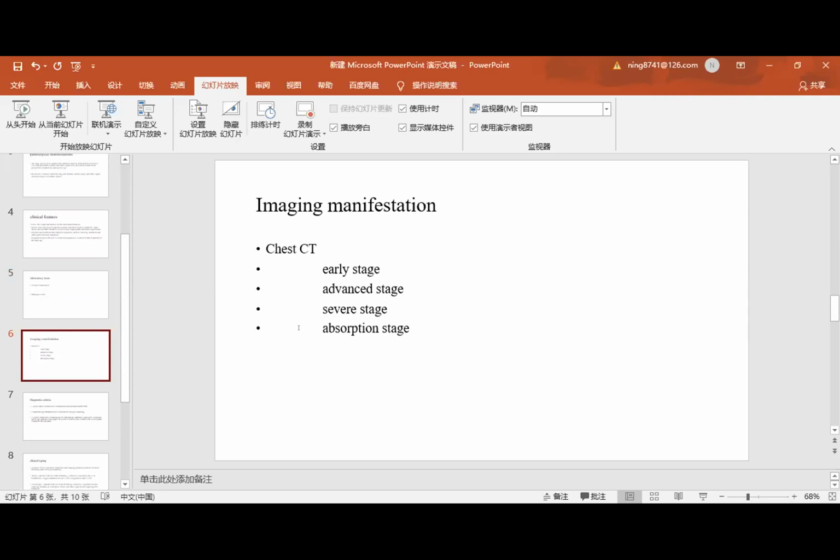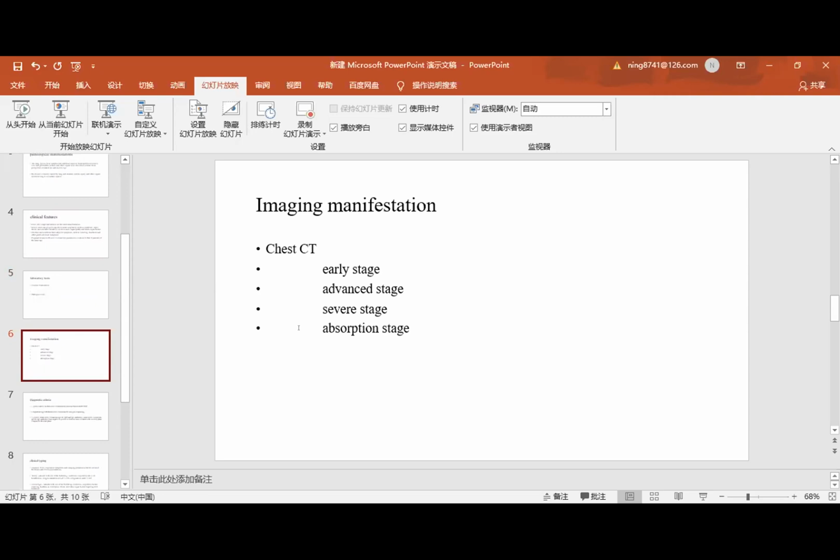severe pneumonia. The consensus of imaging experts at home and abroad on COVID-19 imaging diagnosis is that CT is the main means of screening and diagnosis at present.